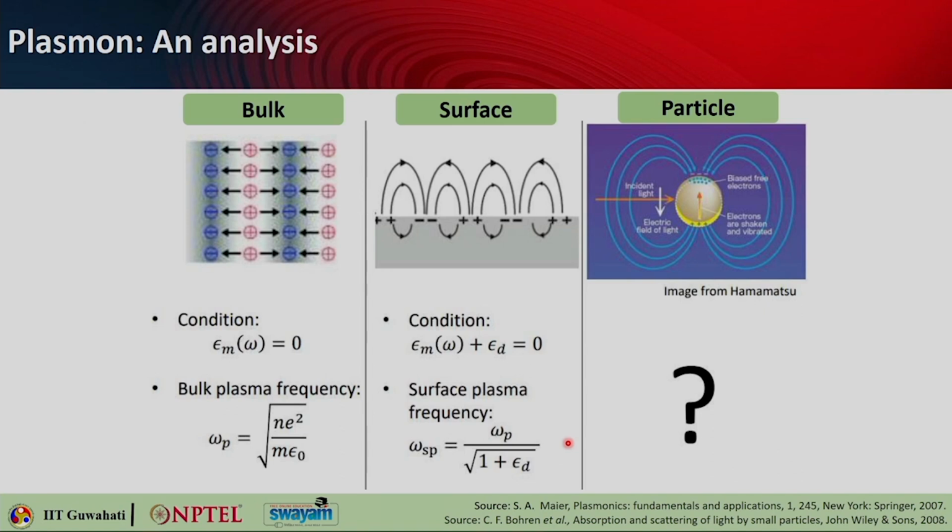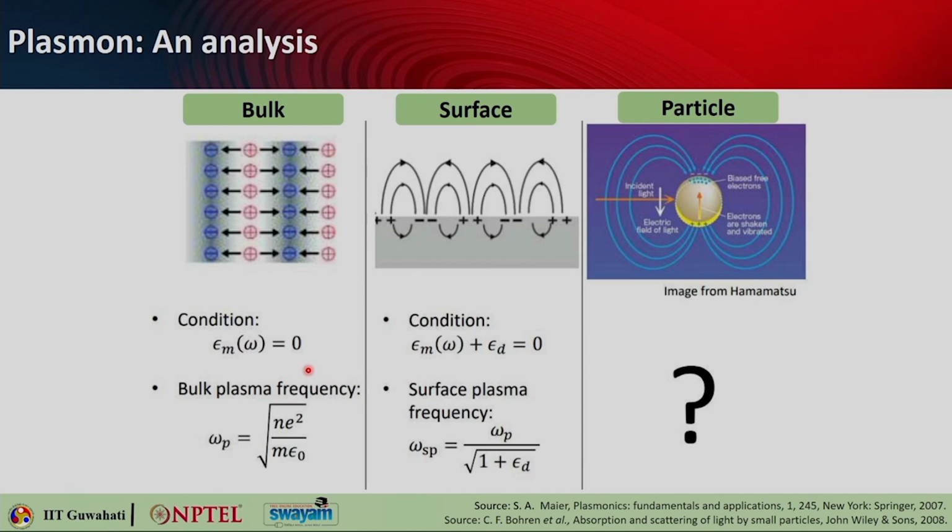Now, this is what we have been looking at so far. If you think of plasmon as an overall picture, we have seen bulk plasmon, surface plasmon and then particle plasmon. For the bulk plasmon, the condition was that epsilon m of omega should be equal to 0. So, that is where the permittivity of that metal becomes 0.